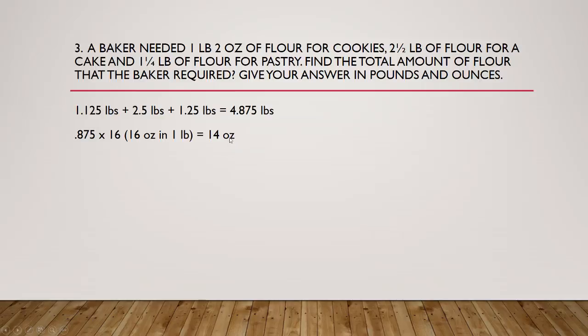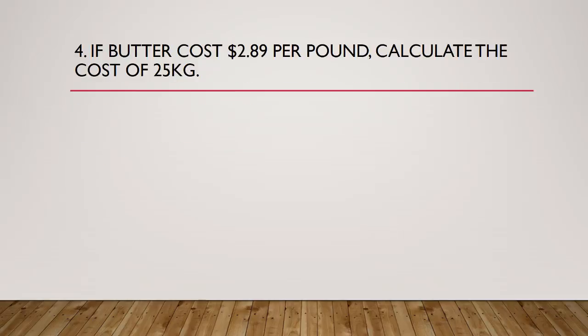And again, the reason this is 14 ounces is because our multiplier, 16, represents the amount of ounces in a pound. If this represents ounces, then our answer represents ounces. So let's put the whole 4 pounds and 14 ounces together, and there's our final answer in pounds and ounces. The baker requires 4 pounds and 14 ounces. Our next question.